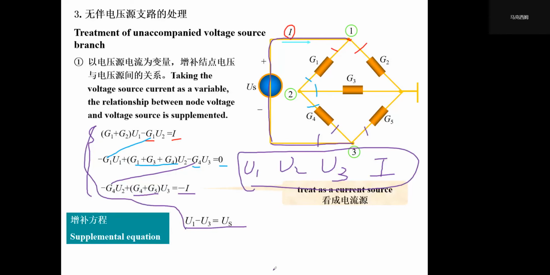So that's how we solve it. We have to pay attention to the number of unknown variables in the equations and the number of equations. If they don't match, we cannot solve that problem.